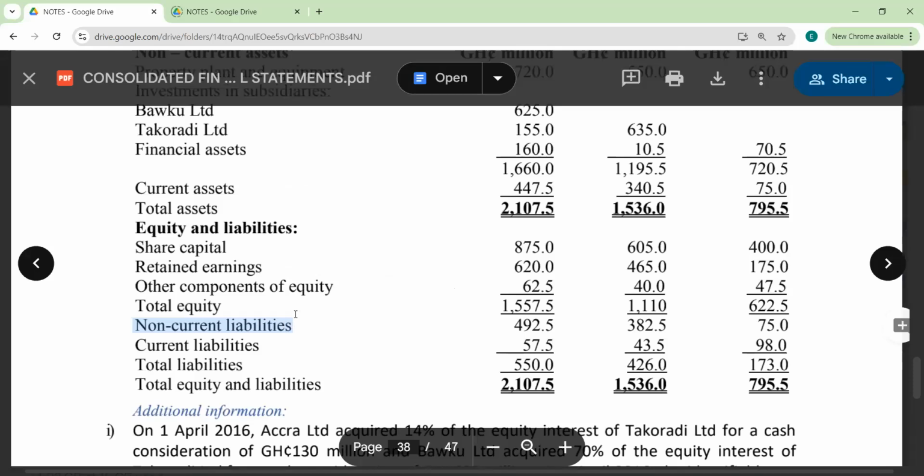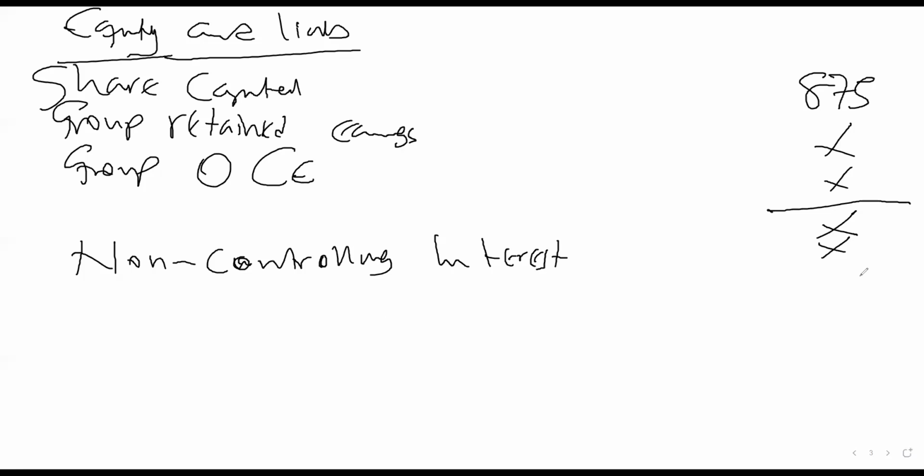Non-current liabilities. Continue the journey. Non-current liabilities, you underline them. You bring the total answer here. Then you now go to non-current liabilities. Within 15 to 30 minutes, you should be able to at least clear this.